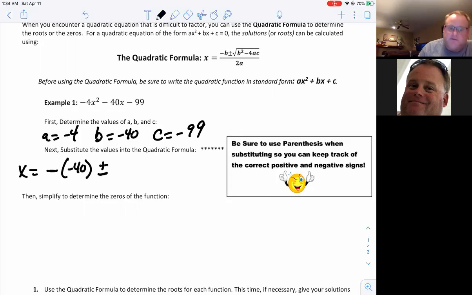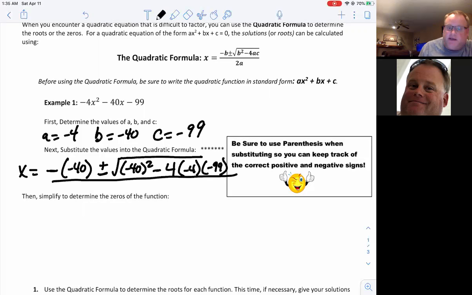Plus or minus, because anytime we take a square root, it's technically plus or minus. The square root of b squared, negative 40 squared, minus 4 times a, negative 4, times c, negative 99. And all of it is over 2 times my a term, which is negative 4.